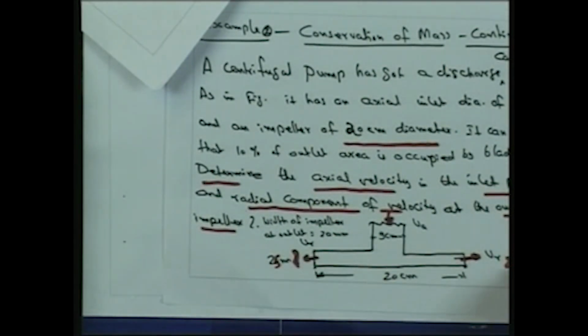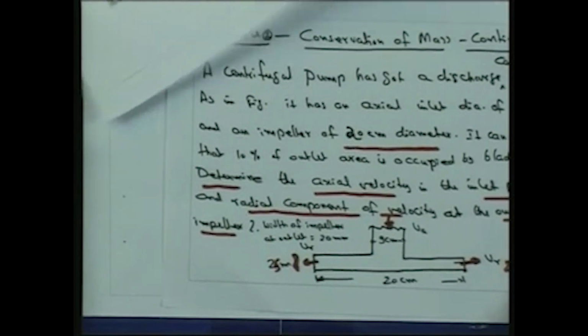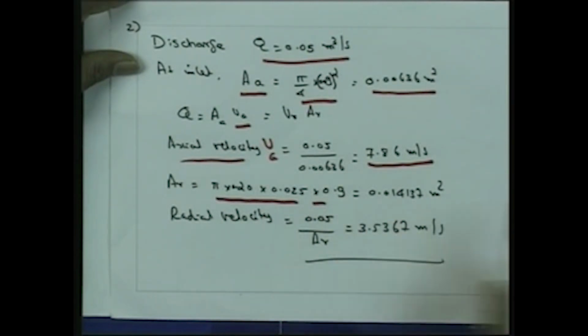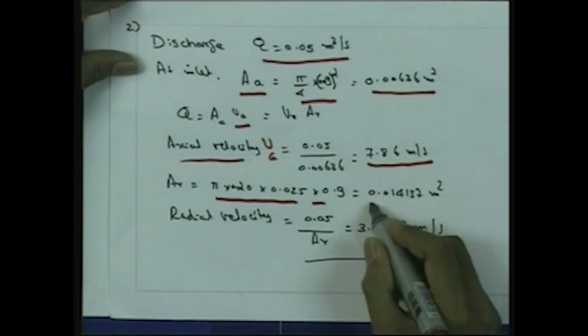This is 25 millimeter, not 20, it is 25 millimeter. So pi into 0.2 into 0.025 into 90% is the effective area, since 10% is occupied by the blades, so into 0.9, that gives the AR.